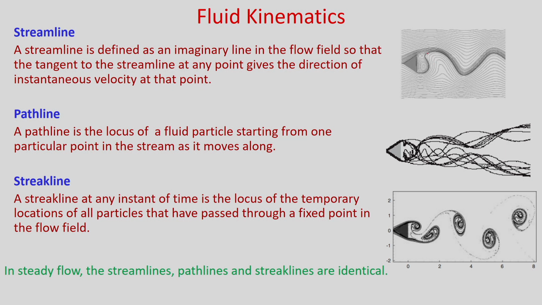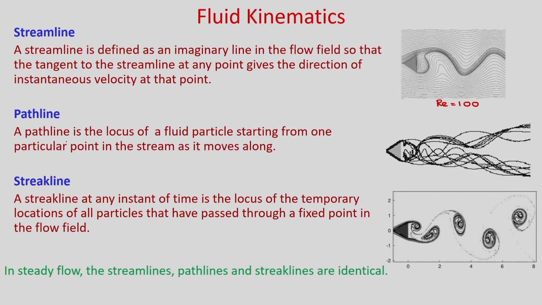You can see the flow over a triangular cylinder at Reynolds number, based on the projected area, of 100, and these are some visualizations of this fluid flow showing the streamlines.